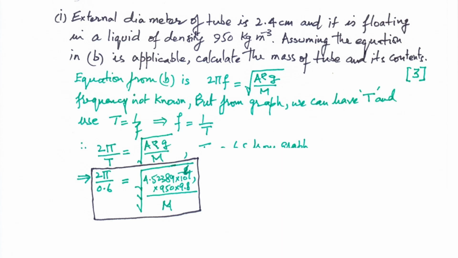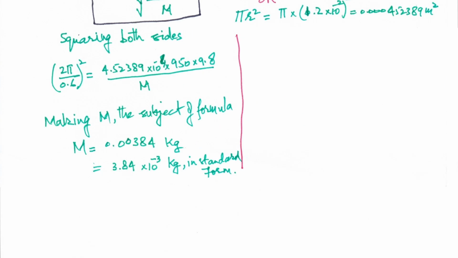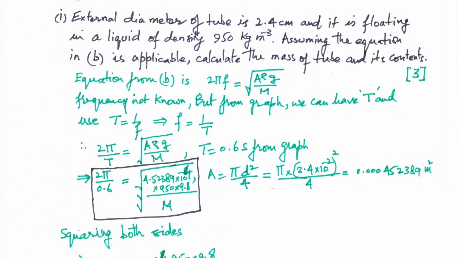Can you see that he has given the diameter as 2.4 centimeter, and the area can be expressed in terms of diameter. It can also be expressed in terms of radius. I have done both for you. Area is equal to pi d square over 4 in terms of diameter, put in the values.